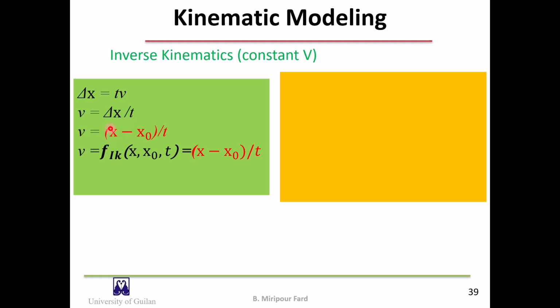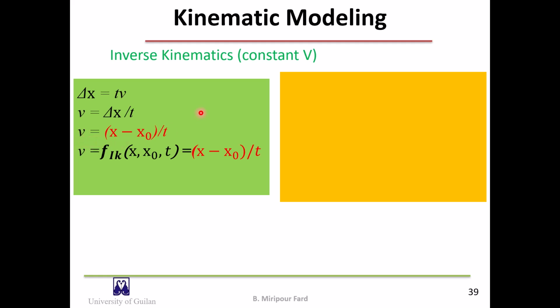It takes x as an input and specifies action as the output. In other words, given the pose and initial pose of the robot as well as the time, we can obtain from this equation the required action, which is represented by v.